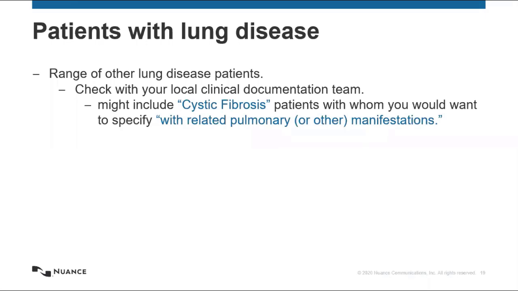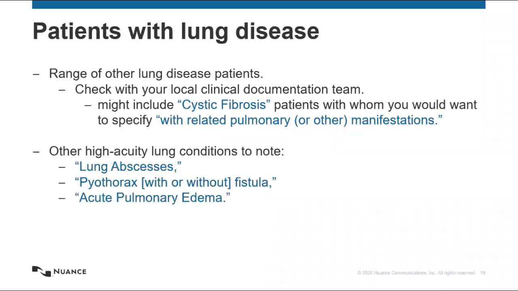There may be other types of patients that are coming in that are facing different types of special issues. You might have some young adult patients coming in with cystic fibrosis. You especially want to make note for that particular disease when they have pulmonary or other types of manifestations. Please specify what those are, crucial for capturing the acuity for these high-risk patients.